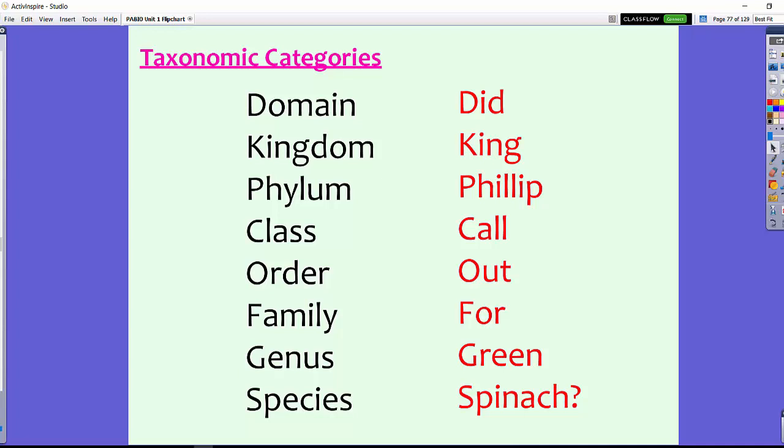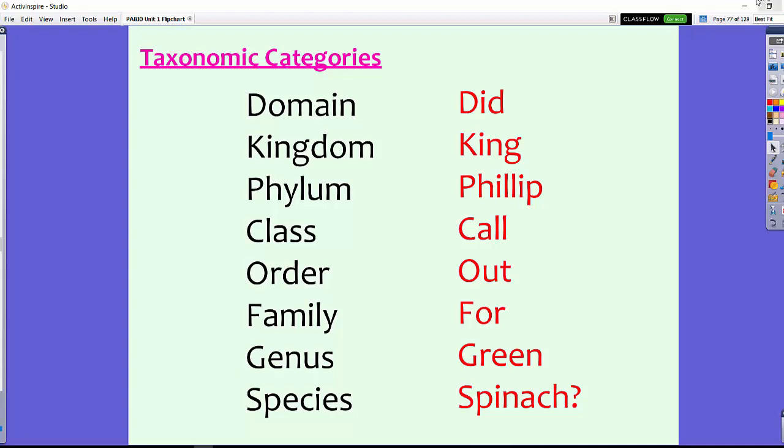Now we also have taxonomic categories, and this is just an order, basically, of how we can organize and classify things. On the left are the actual taxonomic categories, and these are domain, kingdom, phylum, class, order, family, genus, and species.